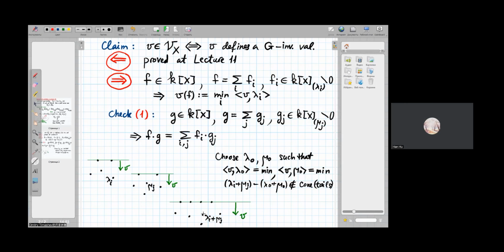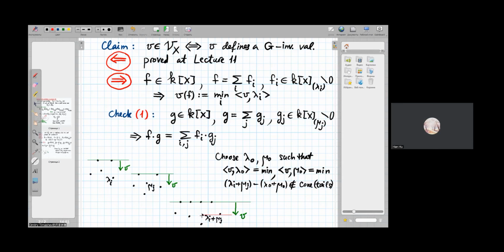Let me draw it here. It is a cone in the dual space, but again, it is convenient for me to draw it on the same picture. So the cone spanned by tails, let it be this one. It is a pointed cone.